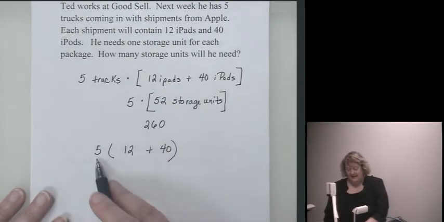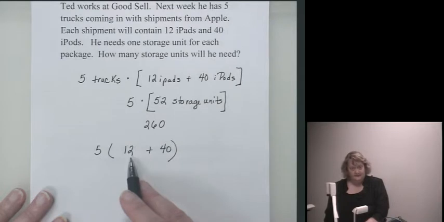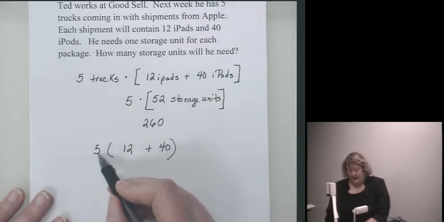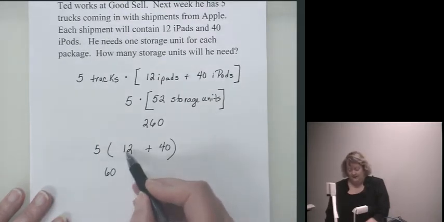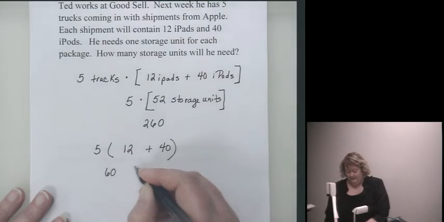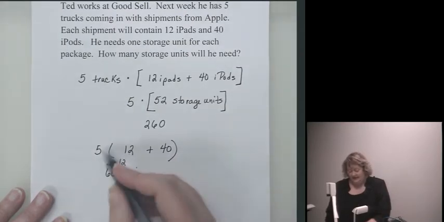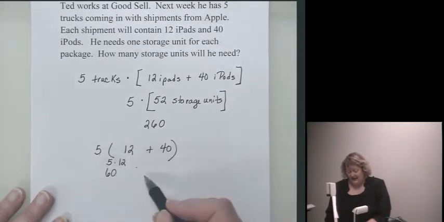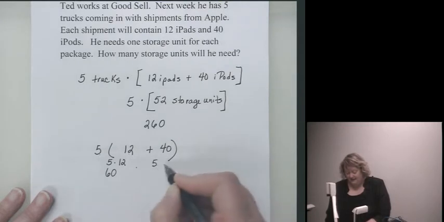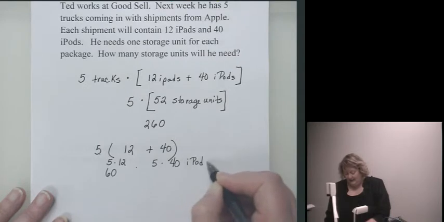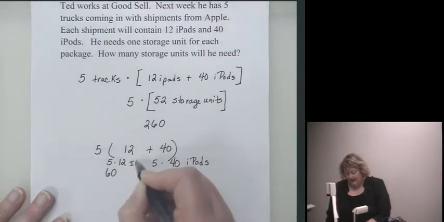And that would be to say that the iPads need 60 storage units. Because each iPad is 12. 12 times 5, 5 trucks of iPads. 12 times 5 is 60. 5 times 12 is 60. And then for the iPods, I have 5 trucks of 40 iPods. Here's my iPads.